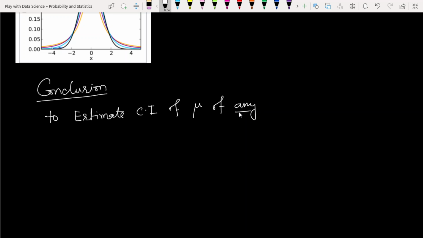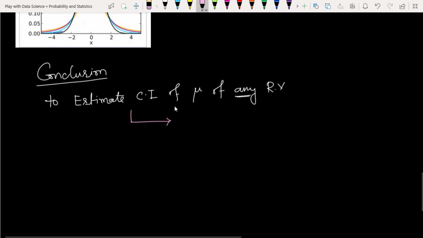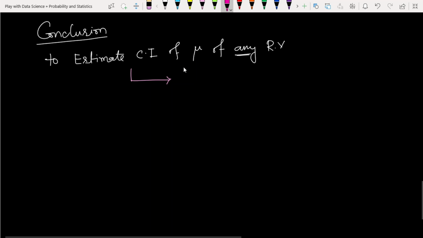For any random variable, we have seen two types of cases. The first case is if we know the value of the population standard deviation, if sigma is known. Then we will use the central limit theorem.